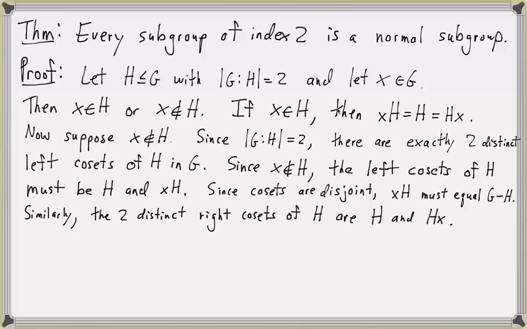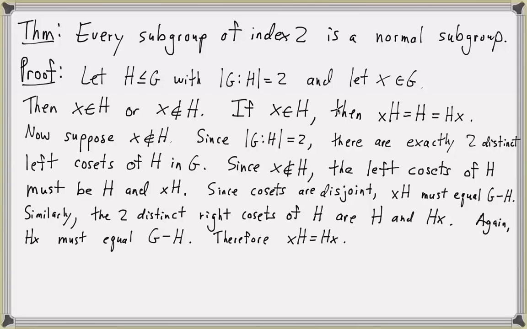Since there's two distinct right cosets, everything in G is either in H or in HX. So again, by the same reasoning, we see that HX must equal everything in G that's not in H. So that's the set G minus H. Then we see that XH equals HX, because they both equal G minus H.